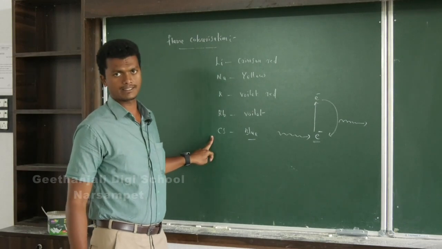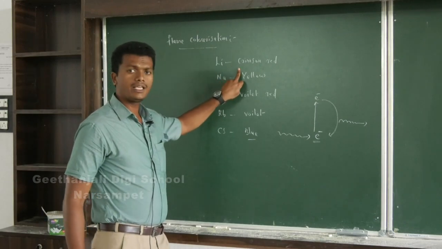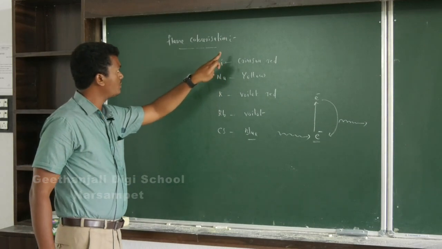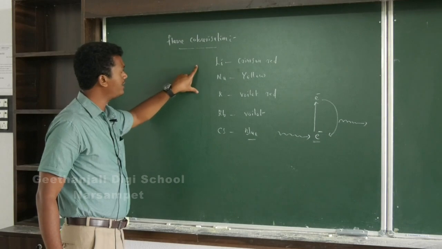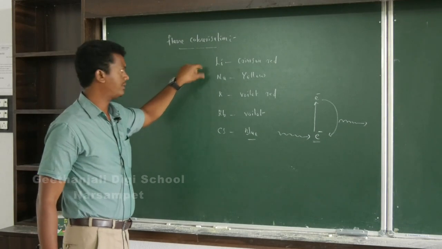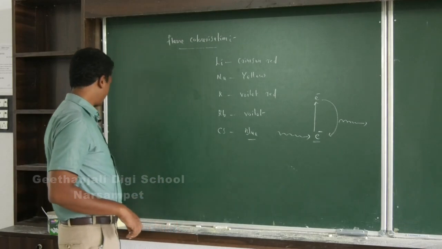these alkali metals. This color property is very important, and we can use it to identify an unknown alkali metal. This is about flame coloration.